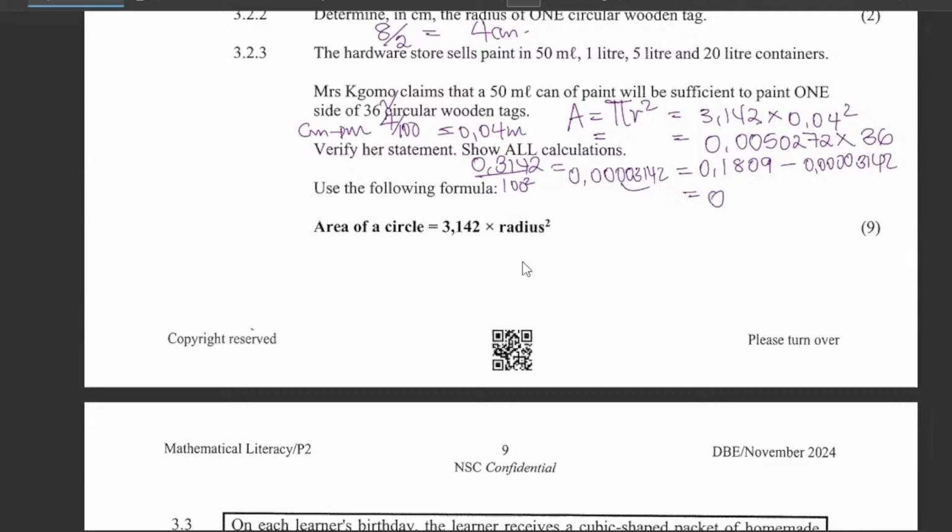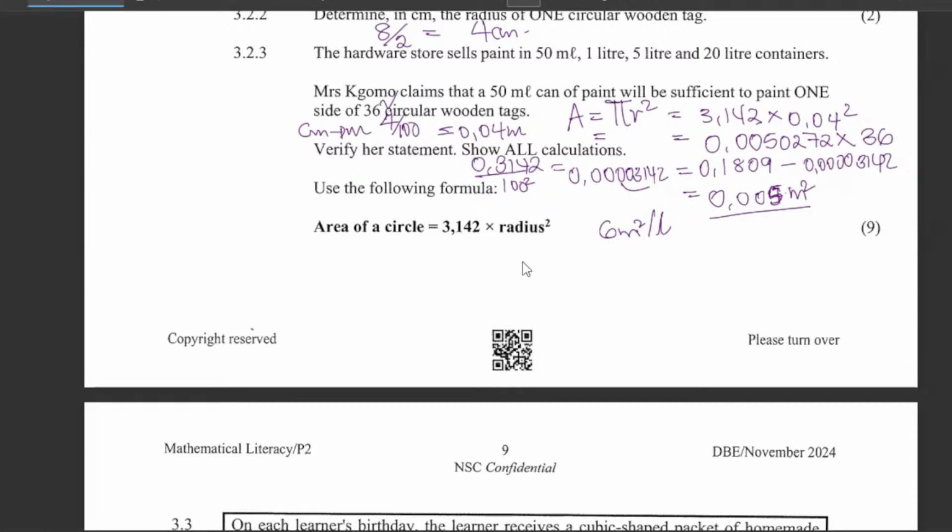So we've ended up having 0,0 about 5 meters squared. Yet the spread rate that we have is 6 meters squared per liter. Per liter.